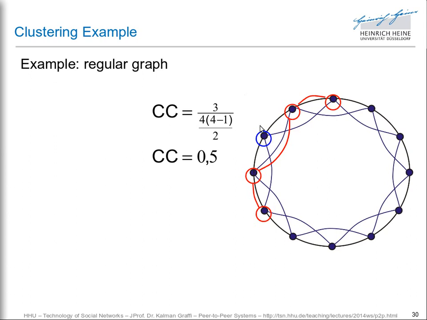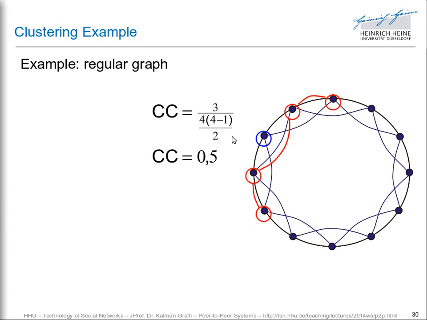The clustering coefficient of this node: he has 4 neighbors, and these 4 neighbors have 1, 2, 3 edges, and again we have 4 neighbors, so the maximum number of edges between these 4 neighbors is 6.